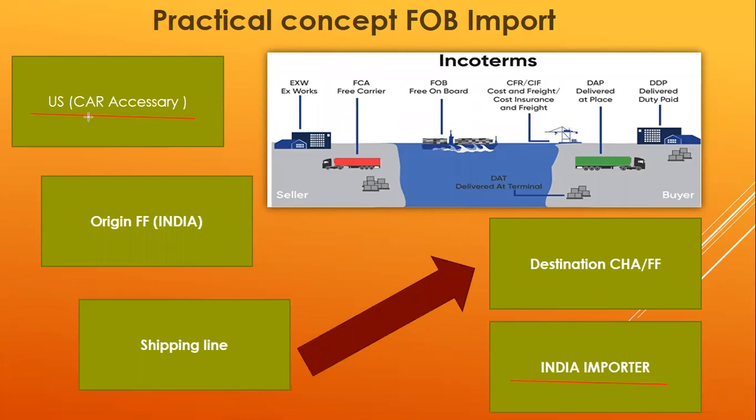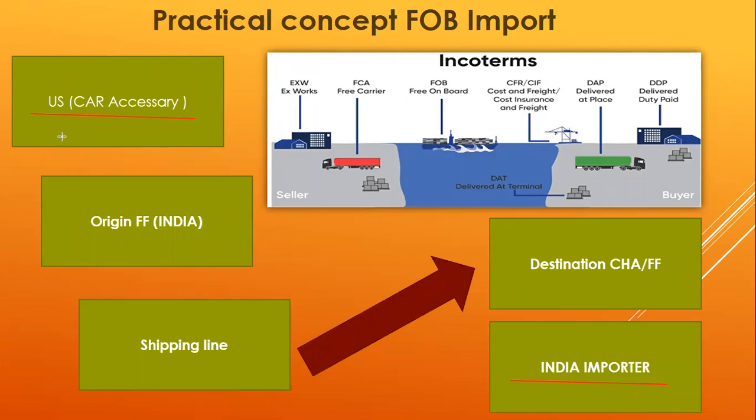Since the shipment is FOB, the charges incurred to bring the shipment to the seaport need to be borne by the United States exporter. So all expenses from the factory to the port of loading will be borne by the United States exporter.